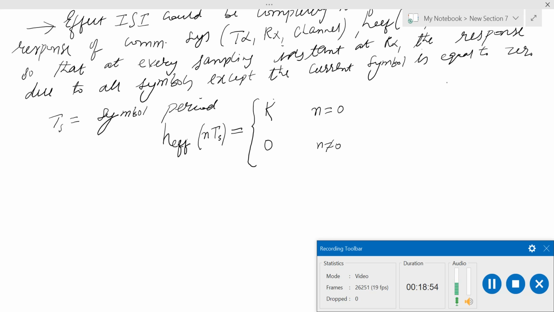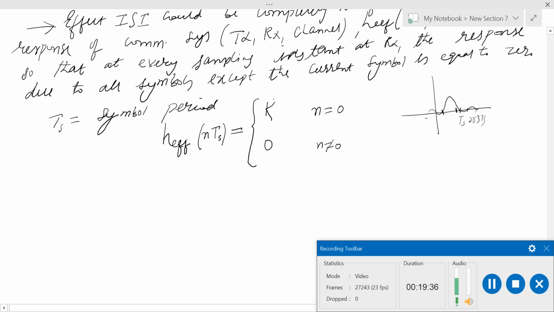Because see, even the sinc function can be calibrated in that way if you properly choose parameters. So suppose this is the time interval. Okay, so this is one time interval, so this is TS. Okay, so this is TS, and then this will be, suppose, 2TS, this will be 3TS.